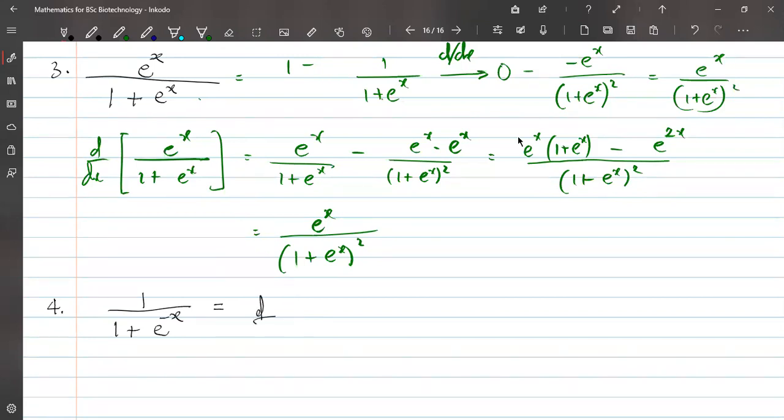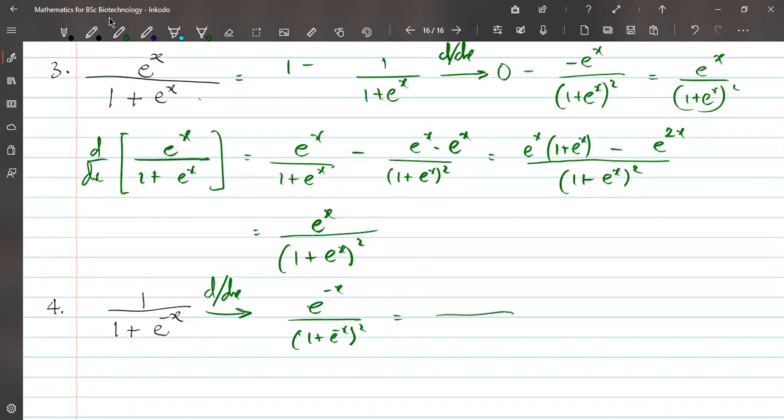So if you differentiate it, you will get, as you said, e power minus x by 1 plus e power minus x whole square. Now, you notice a similarity here, of course, because this is almost the same thing except with the minus sign. But you can also see that this e power minus x, being the reciprocal of e power x, you can take that common.